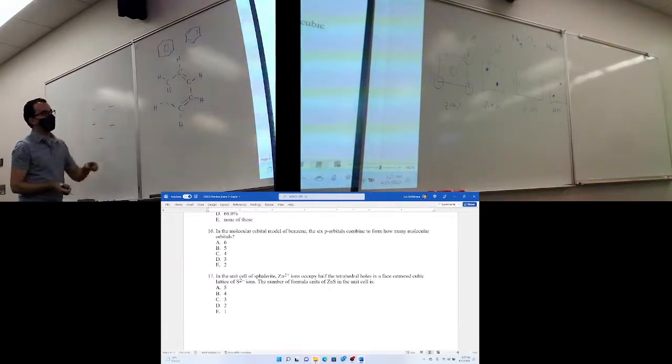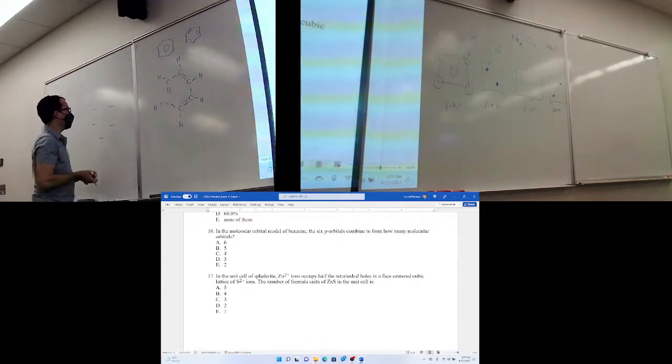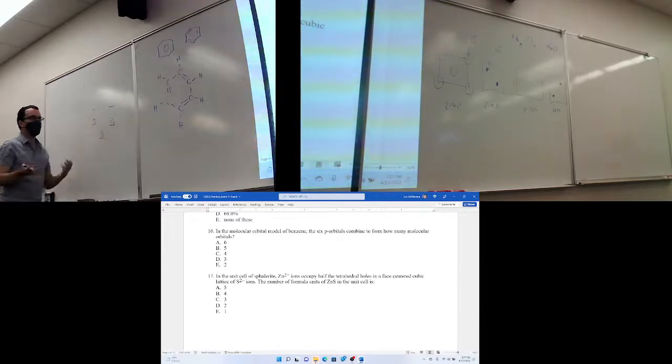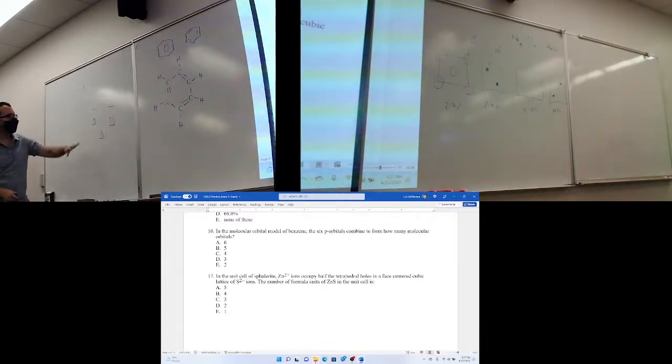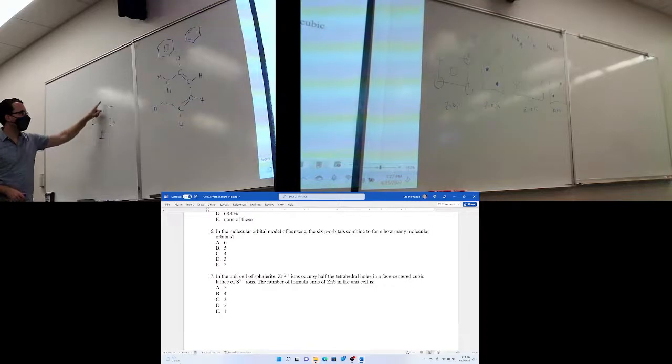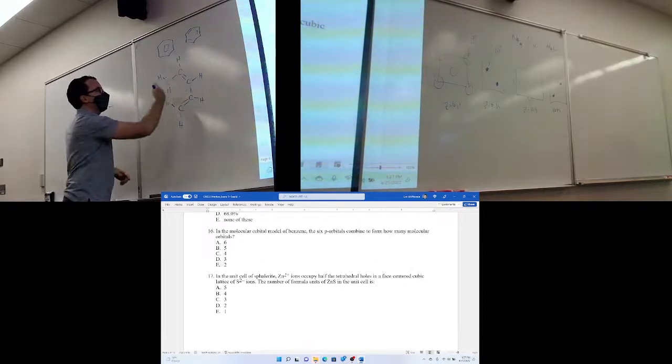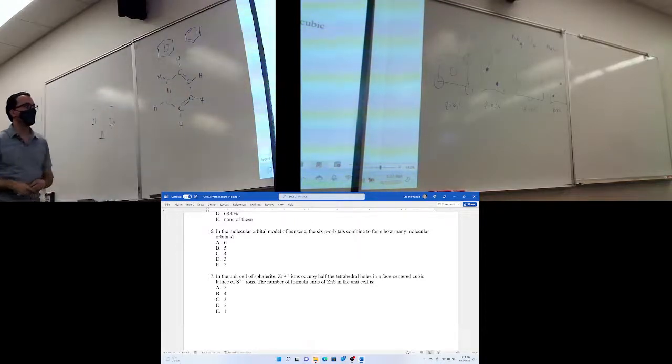And there are 1, 2, 3, 4, 5, 6 electrons in these. So that's what the MO diagram of the p orbitals of benzene looks like. The bond order would be 6 minus 0 divided by 2, which is 3. There are 3 total bonds distributed through this pi ring, the ring system that the p orbitals make.